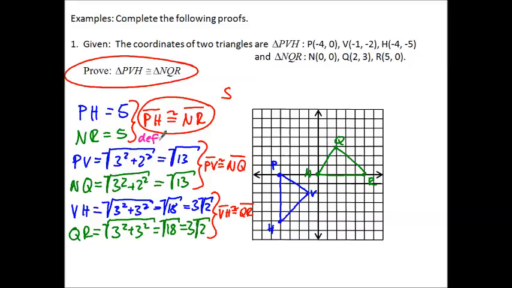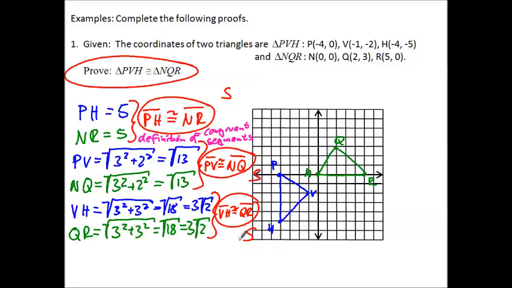So let's note that down. Definition of congruent segments. Two segments are congruent if they have the same length. PH and NR have the same length, therefore they are congruent. The same goes for segments PV and NQ, so we have another pair of sides that's congruent, and also VH and QR are congruent. So we have three sides that are congruent.